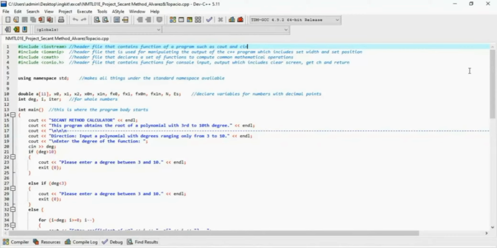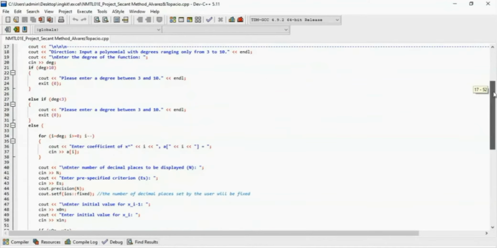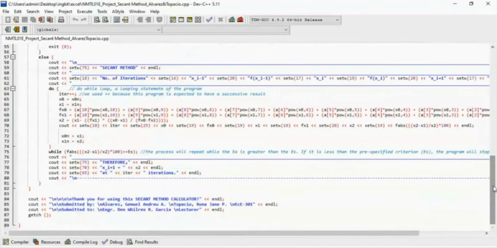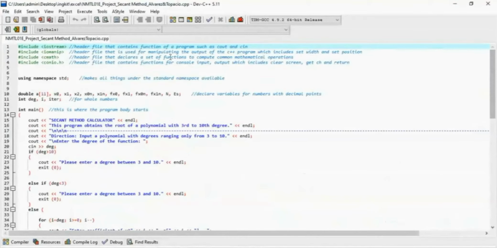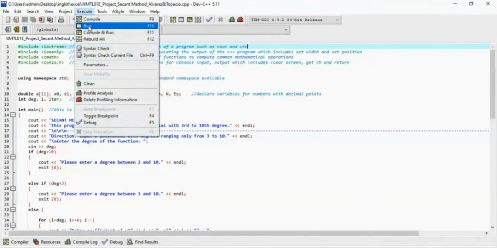Prior to the start of implementing and utilizing the program, let us have a quick sneak peek at the behind the scenes of the program created. So here you can see a lot of codes and commands used in order for the program to properly function. And to further analyze, appreciate, and visualize these codes, let us run the program. If you are using Dev C++, just press execute and run, or simply press F10 on your keyboard.